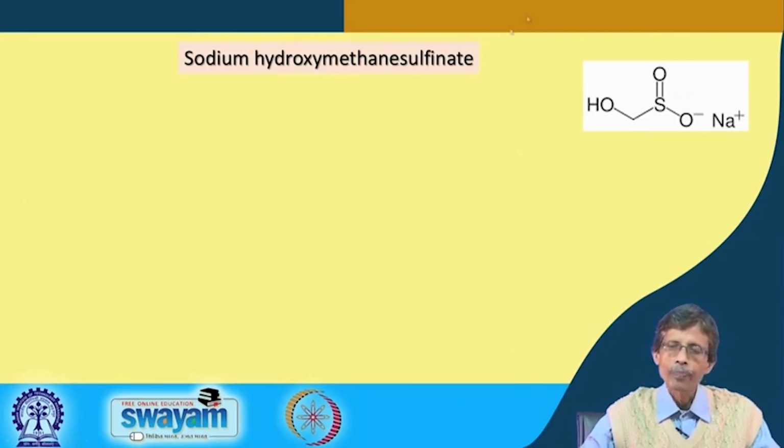You have the sodium salt, which you can consider an organic salt, and at one end you have the hydroxymethane part, that means CH2OH, which can be derived from methanol. Methanol is CH3OH, but this is CH2OH, so one of the hydrogens is replaced by your SO2 minus function.